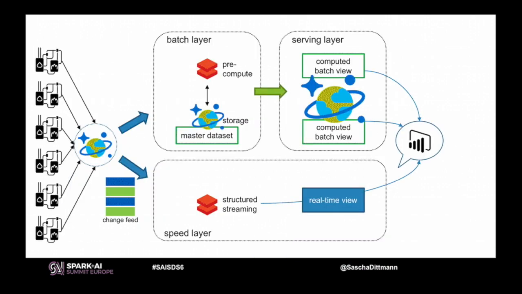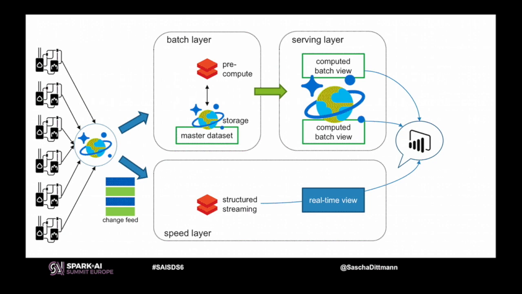So if you look at the same architecture again, the data will be directly published into the HTTPS endpoint of my Cosmos DB environment. Then I've got the batch layer where I can compute directly on the Cosmos DB and add further collections to have more or less computed views on my data.